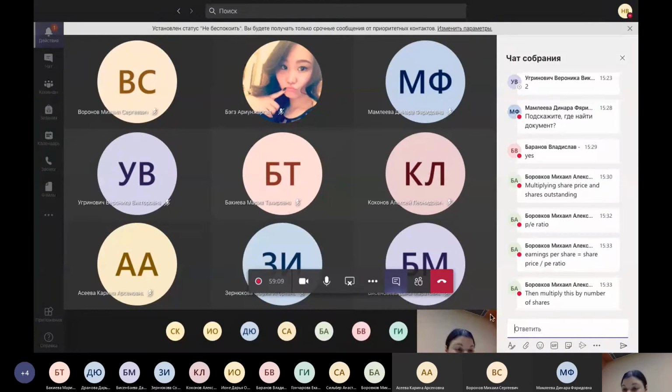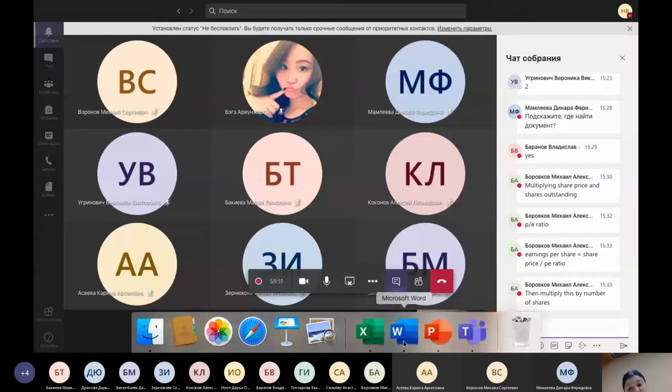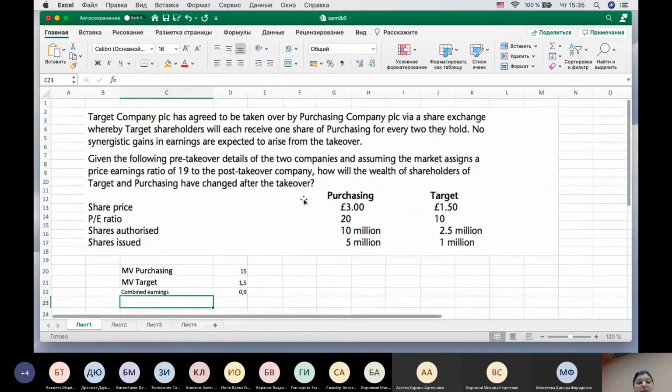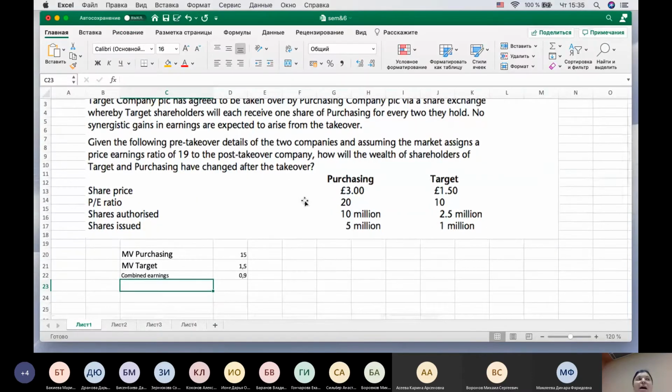Good. Then multiply by the number of shares. Exactly, Mikhail. Thanks a lot for your answer. As the next step, let's find the market value of the global company after our takeover deal, after mergers and acquisitions.